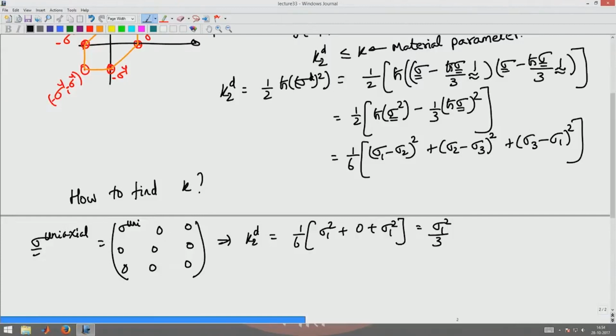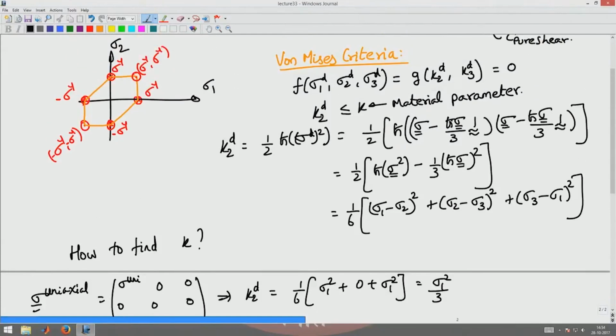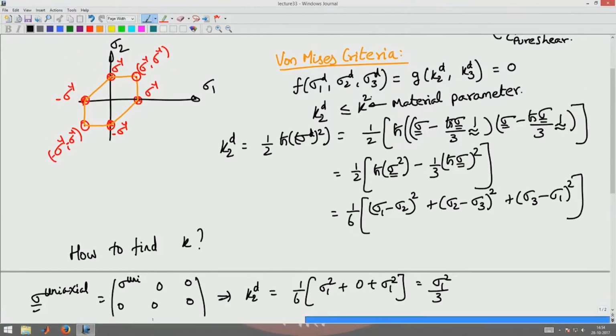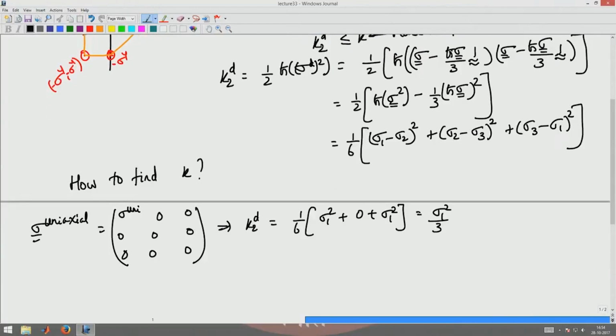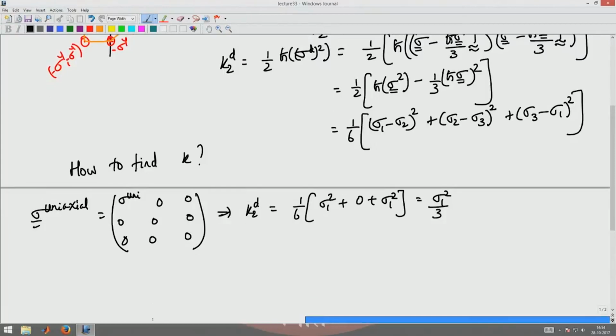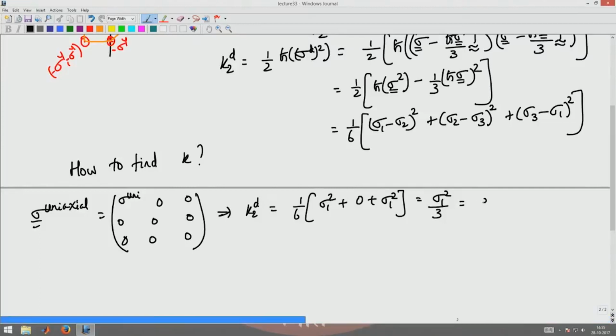To make it dimensionally consistent, let me call this kappa square rather than kappa. So, k2d must be less than or equal to kappa square. So, this is sigma 1 square by 3, where sigma 1 is the uniaxial stress, the principal stress.